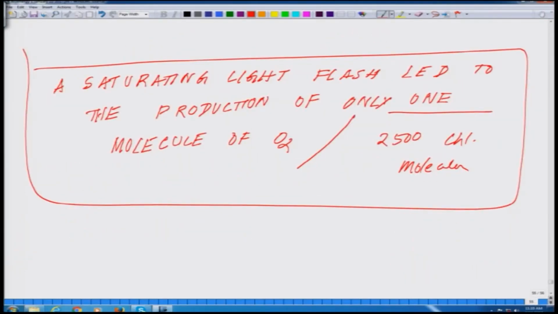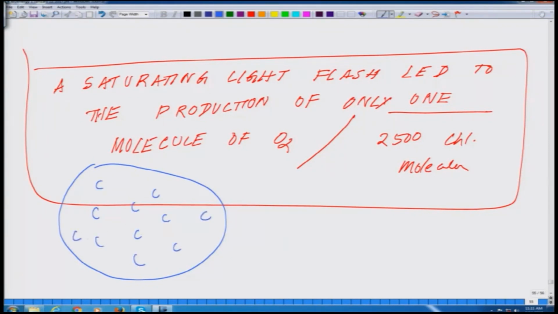First, revisiting the reaction center concept: these are the chlorophyll molecules sitting at different centers, chlorophyll A, chlorophyll B respectively, and when the light is falling, it travels through, and then there is one particular center which we call the reaction center.